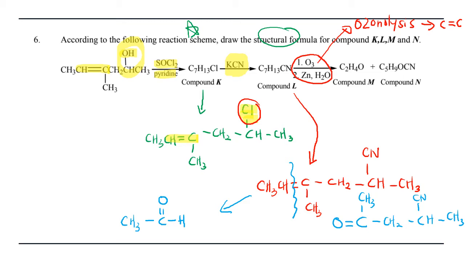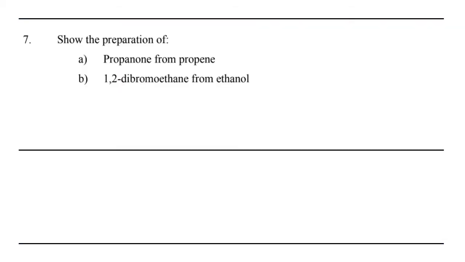Then please don't forget to label. The green color here is compound K, the red color is compound L, and then we have C2H4O. This is compound M, and this is compound N.